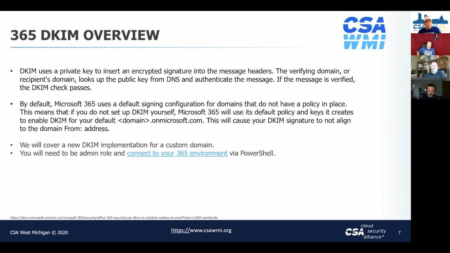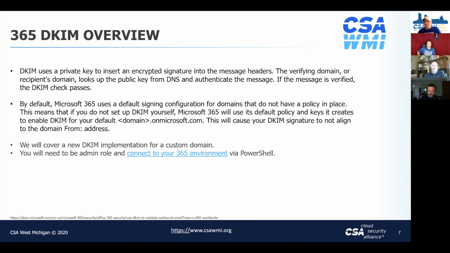Microsoft 365 for Business does use a default signing configuration. And I think this is true across all their Microsoft 365 offerings, if they don't have a policy in place. So if you don't set it up yourself, by default it will create a key using your onmicrosoft domain.